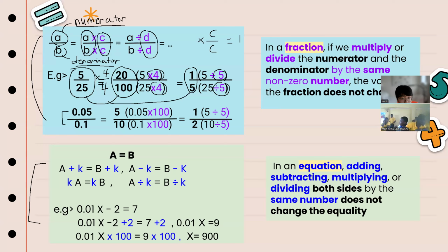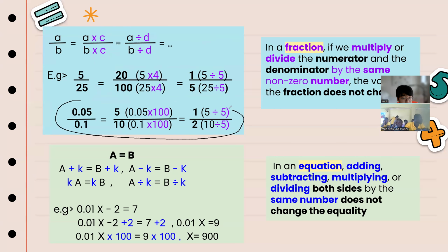Okay, yeah. So let me just read this last example. Just looking at this one. If we are told to find 0.05 over 0.1, we can multiply 100 on both the numerator and the denominator, and we get 5 over 10.